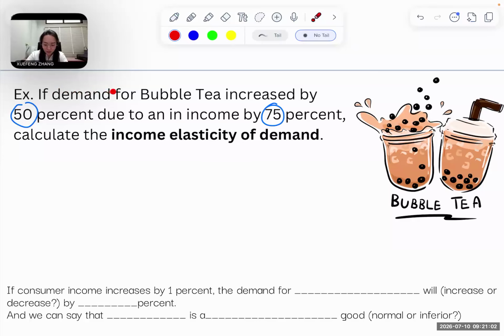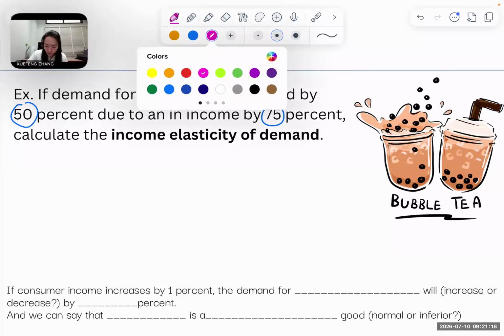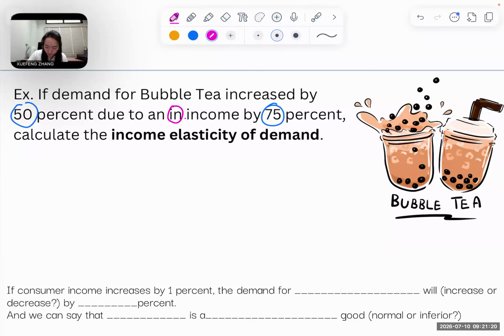So if demand for bubble tea increased by 50% due to an increase in income, okay, by 75%, okay? So here it means increase. Let me write it down. Okay, so income also increased by 75%. So please calculate the income elasticity of demand.